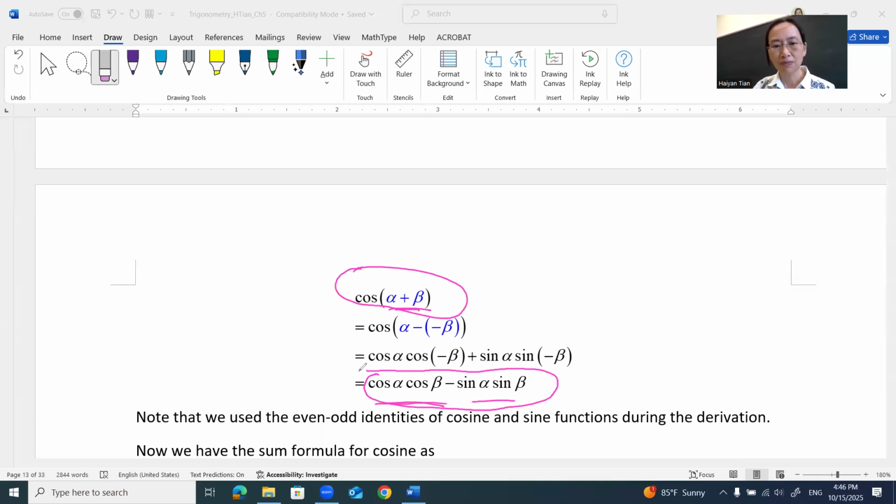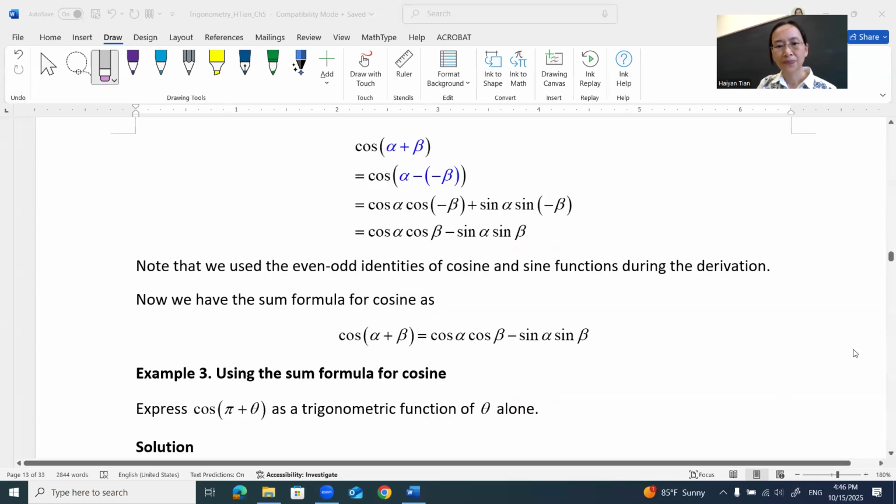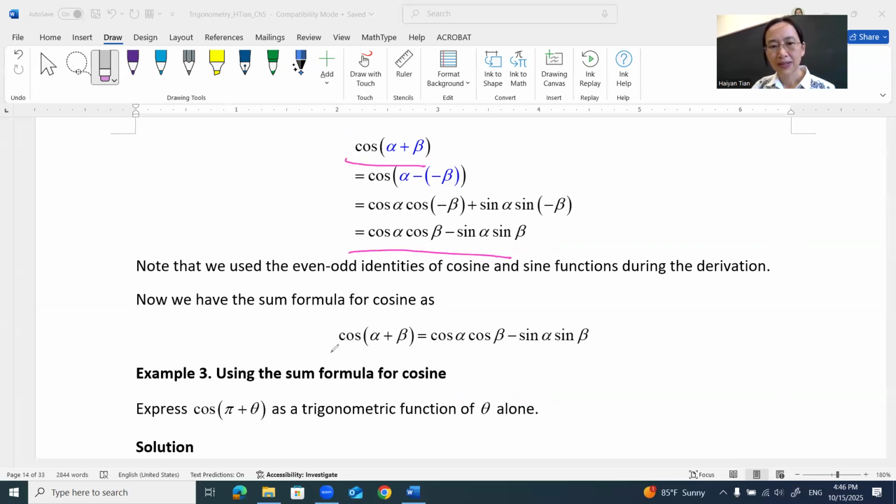Very similar, but differing by this sign. Let's put them together, then you can compare the difference. Cosine of the sum, which we just proved: cosine alpha, cosine beta, minus. When this is a sum, the other side becomes minus. Minus sine alpha, sine beta.